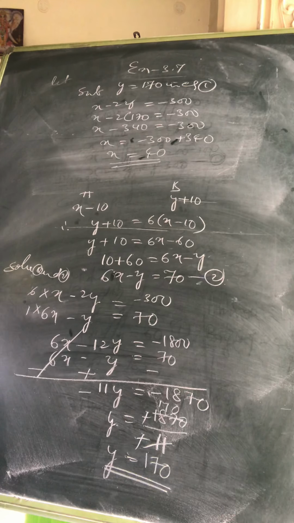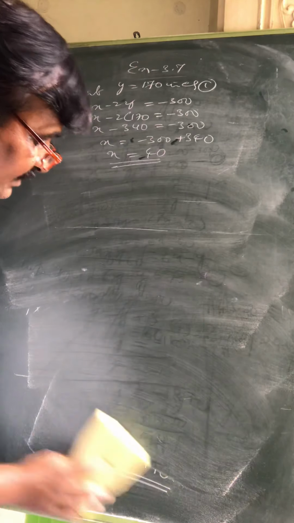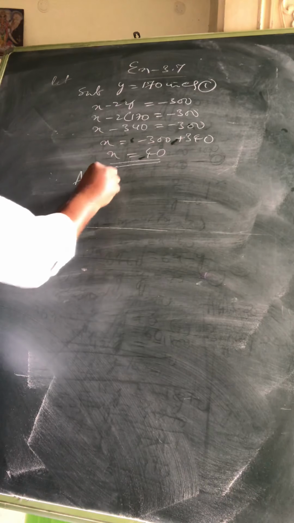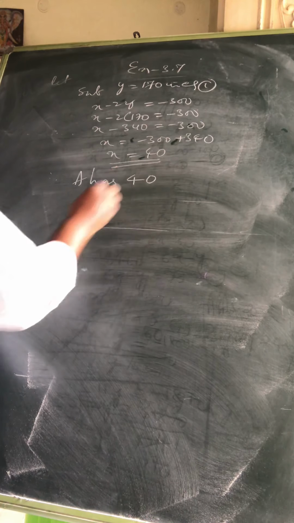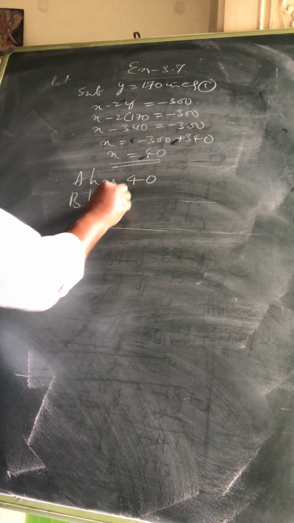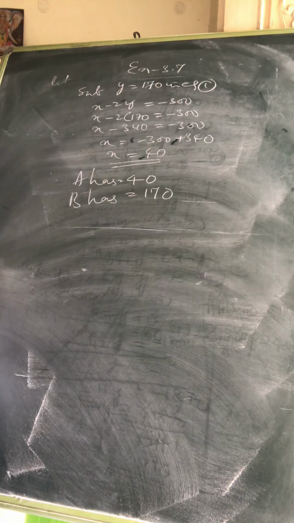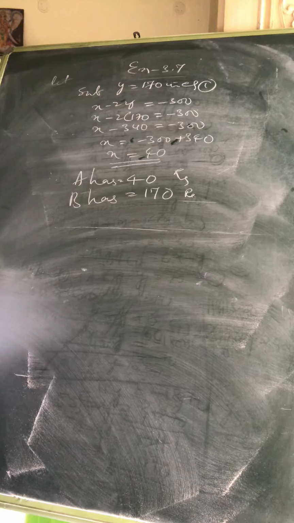So x you got it and y also you got it. Write the answers. Therefore, A has how many rupees? 40. B has how many rupees? 170. Okay? So like this we are supposed to do these problems.